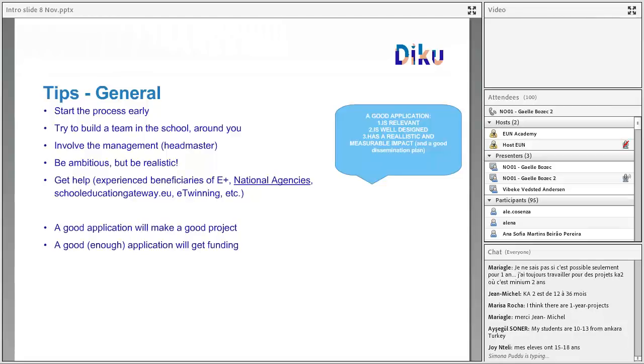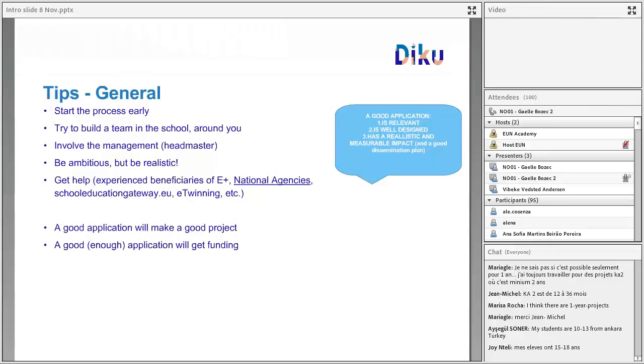So relevance. If your project is not relevant for the EU, for your school, it cannot be funded. There are priorities given by the EU, and they are listed a bit further in my presentation.